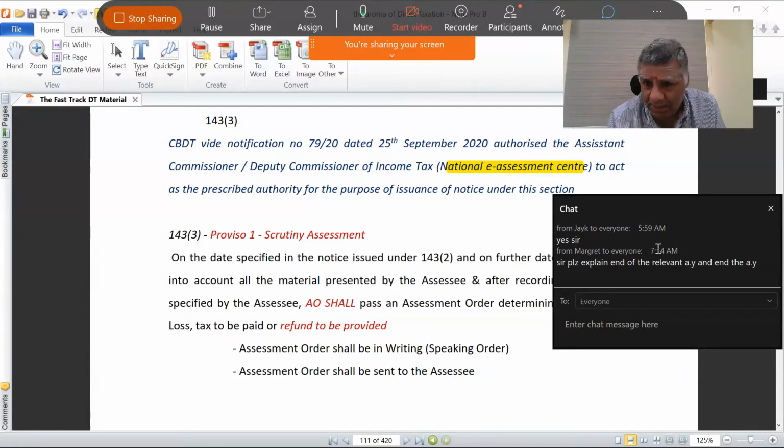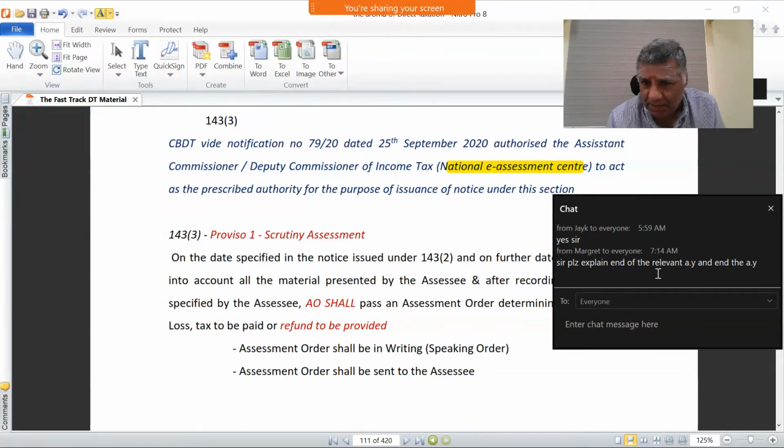Sir, please explain: end of the assessment year and end of the relevant assessment year. They are the same. 31/3/21, 2021 previous year, so it ends on 31/3/21. End of the assessment year or end of the relevant assessment year is 31/3/22. Why do they use relevant assessment year?